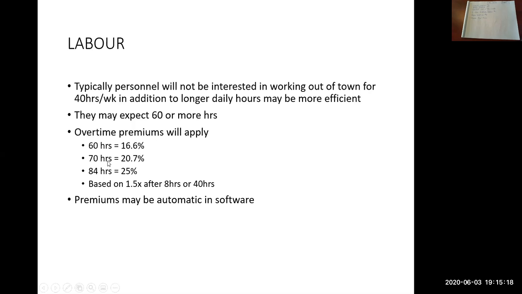If it's a 70-hour work week, it's just over 20% premium. And if it's an 84-hour work week, it's a 25% premium. Those percentages are based on time and a half after 8 hours in a day, as well as time and a half after 40 hours in a week.